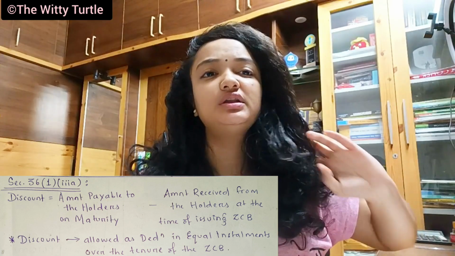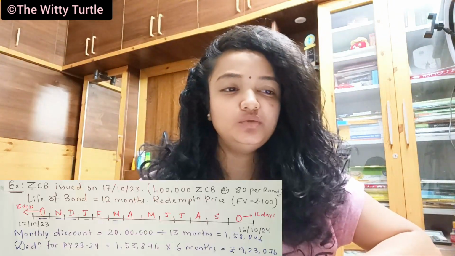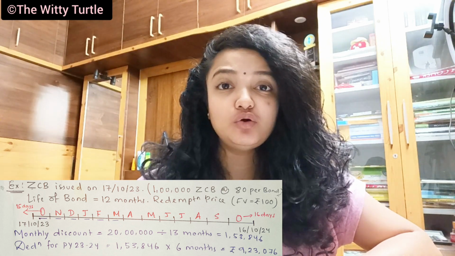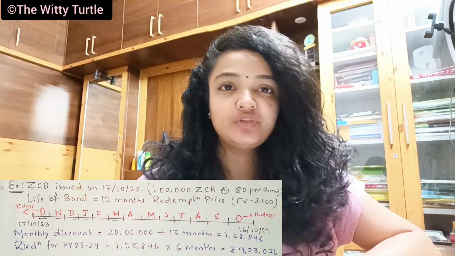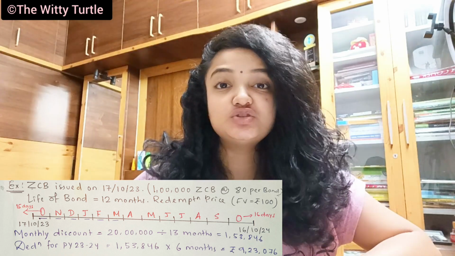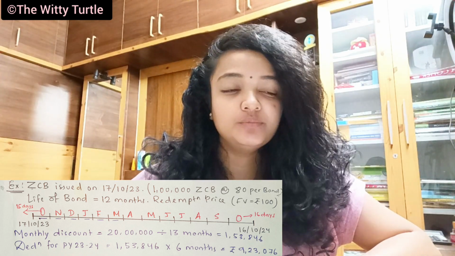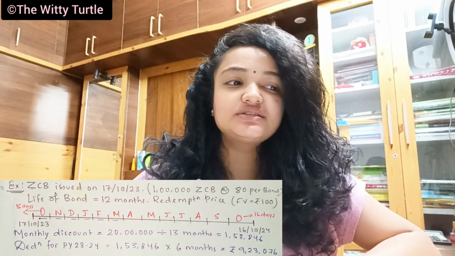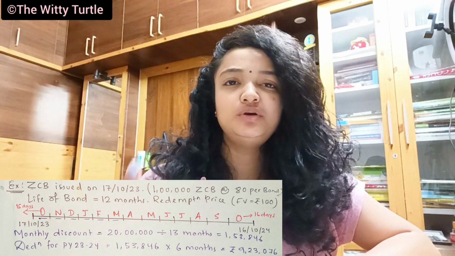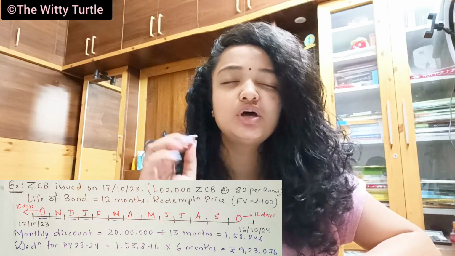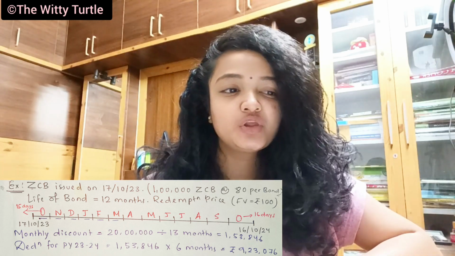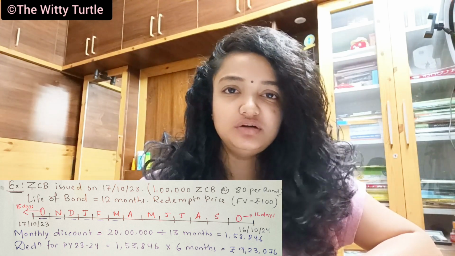On the screen you can see this example which says zero coupon bond issued on 17th of October 2023, right? 1 lakh zero coupon bonds are issued, and it is issued at 80 rupees per bond, right? And the life of bond is 12 months. The redemption price, or amount payable to the holders on maturity, that is your face value, that is your 100 rupees. Okay, so in this case you have to calculate the deduction.